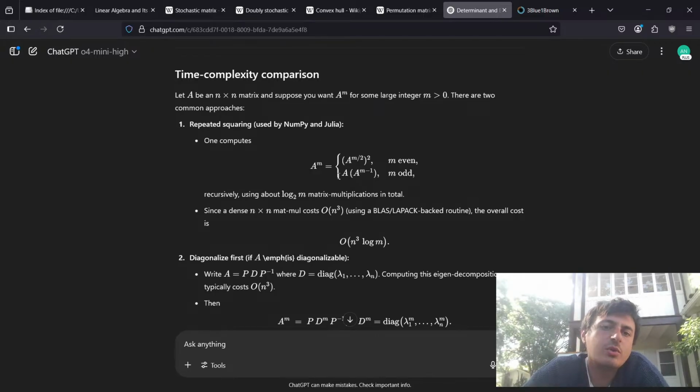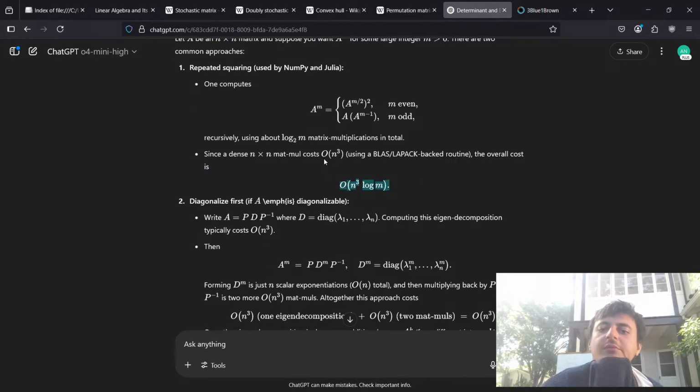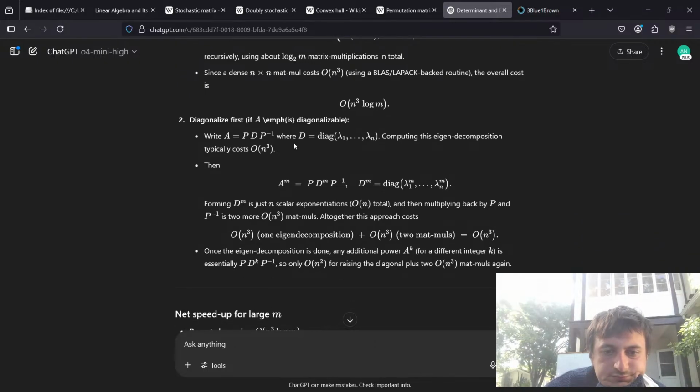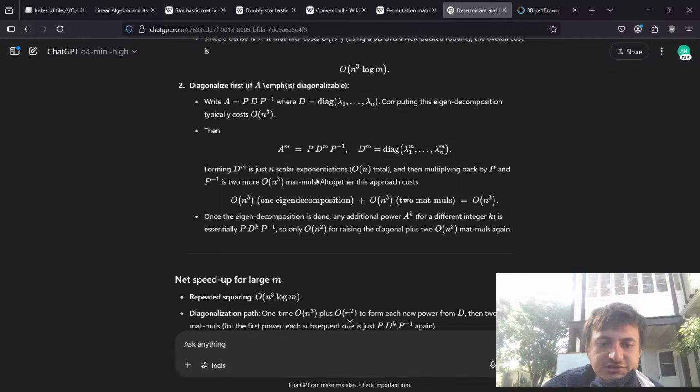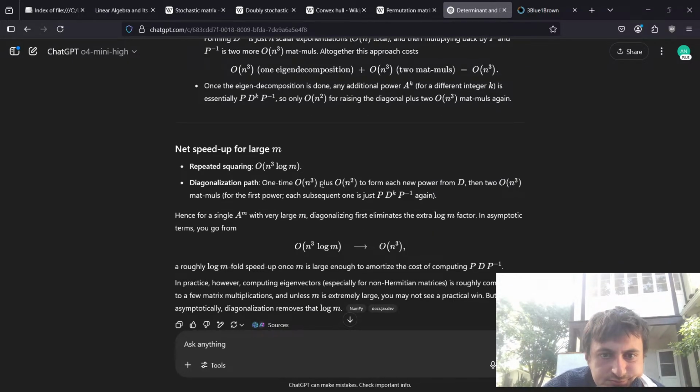Oh, repeated squaring, that's smart. I didn't think about that. If you recurse on that, then you get a log. But you can still do that here too. Wait, hold on.